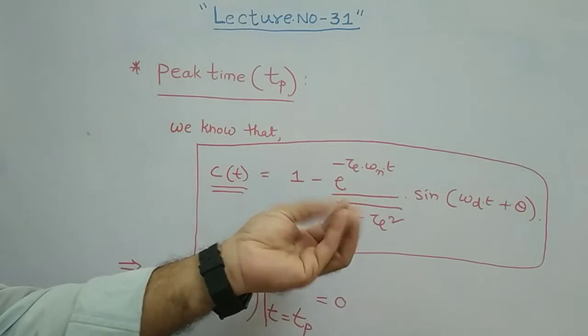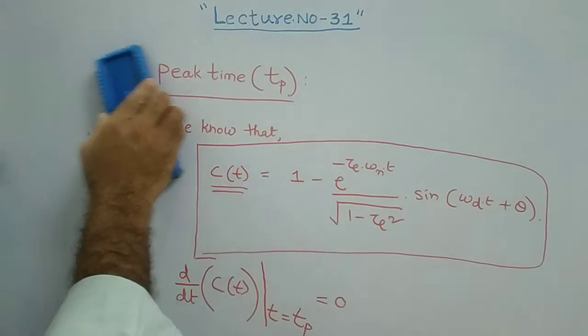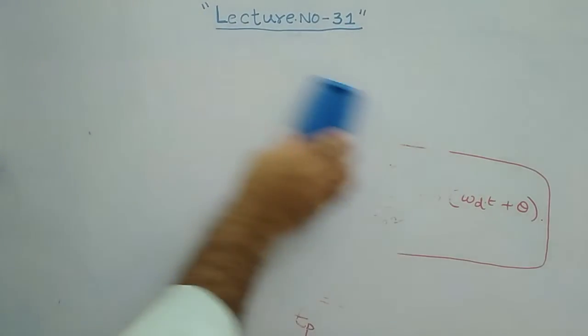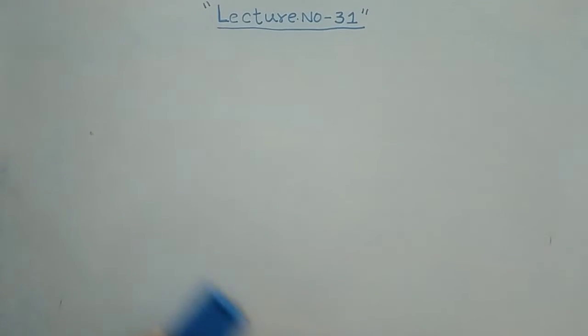Then you will get some expression, and from that you can have the value of tp, that is the peak time. I will do that now for you, just follow. This is the simple thing you need to remember: apply the differentiation, or otherwise the derivative.